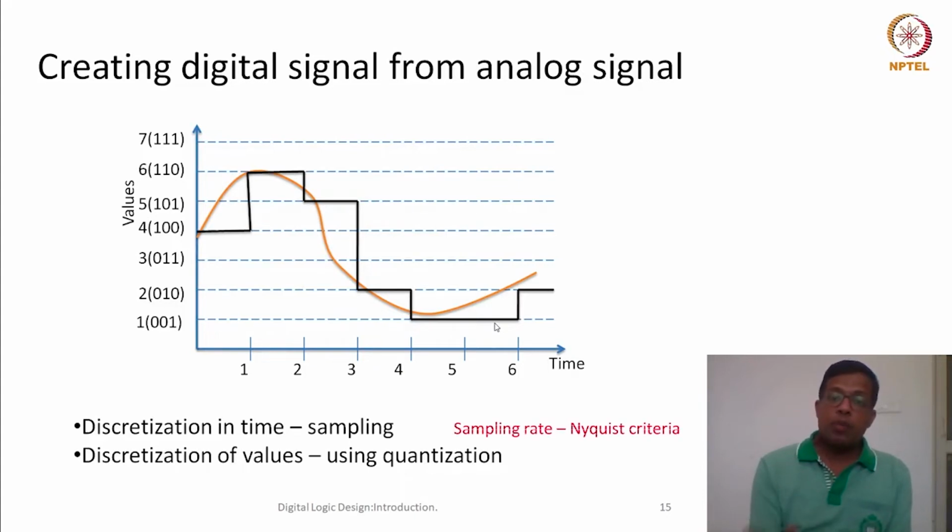But one important thing is called the Nyquist criteria or Nyquist rate. It proves that if we sample any signal at a particular frequency, then it can be reconstructed back when we convert this discrete signal into a continuous signal.